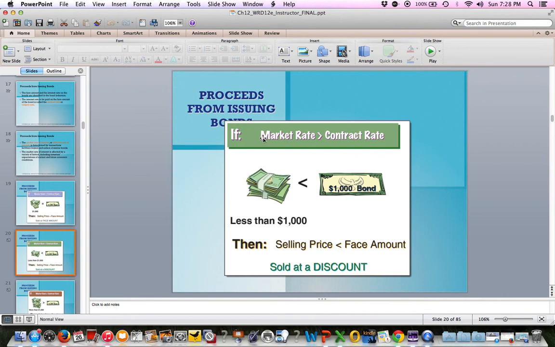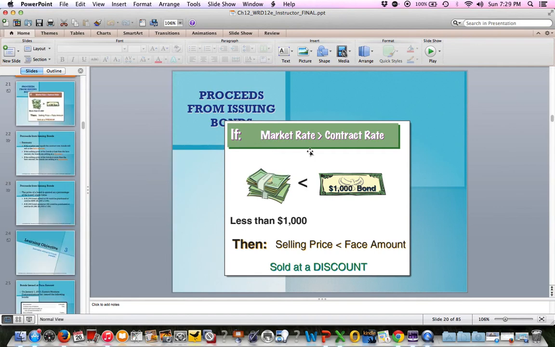If the market rate is greater than the contract rate, let's say the market rate is 11% and the contract rate is 10%, then that bond is negatively impacted, because the bondholder could go out and buy a bond just like it for 11%. Why would I pay $1,000 to buy this bond and only get 10% when I can get 11% somewhere else? I'm not going to spend $1,000 to buy the bond. Somebody is still willing to buy it, but only at a price less than the face amount. So the bond sells at a discount, for less than $1,000.